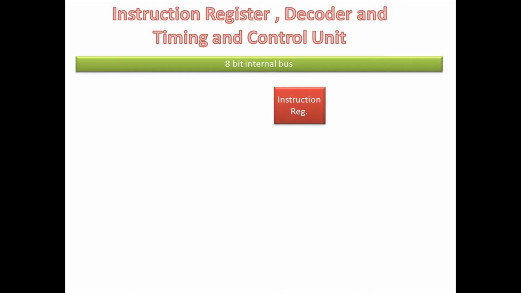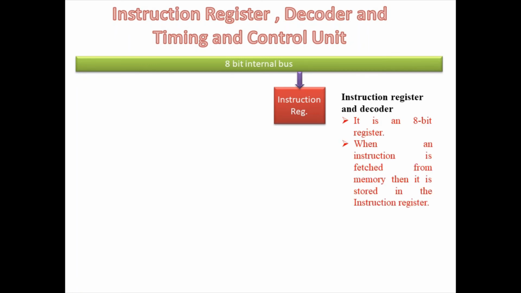We can understand the instruction by learning it, but how can a machine understand it? Whenever we give an instruction, the machine has to work for that operation. For that we have the instruction register. Whatever instruction you fetch from the program counter is stored in the instruction register.